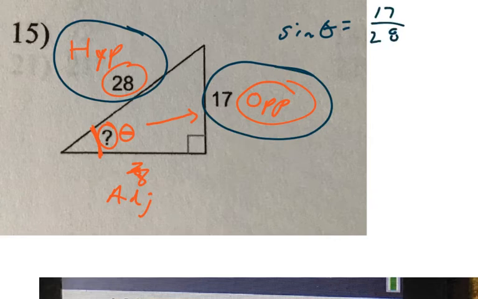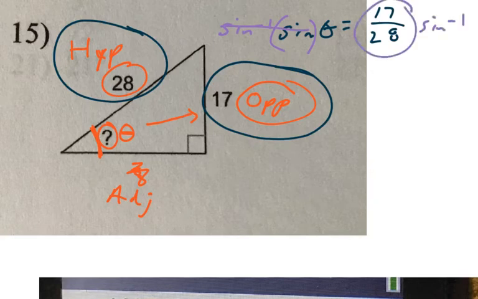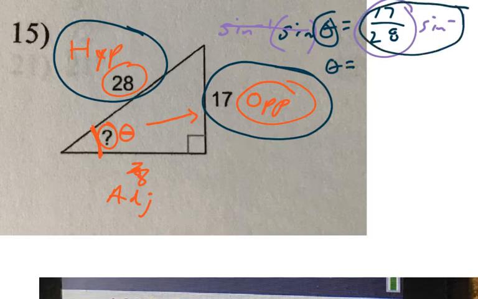Now, what's going to be different is we have it set up, but we want to solve for that missing angle theta. How do we do that? Well, I know, and you will learn, that if you do the sine inverse on a sine, they get rid of each other. That's what the inverse function does. So I'm going to do the sine inverse on both sides, and I'll end up with theta equal to the sine inverse of whatever that is. And whatever that is going to be my answer.